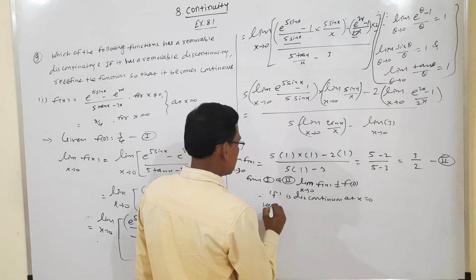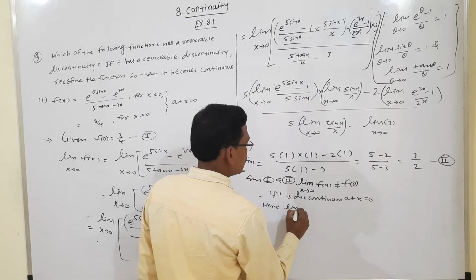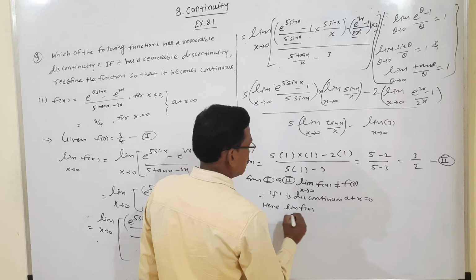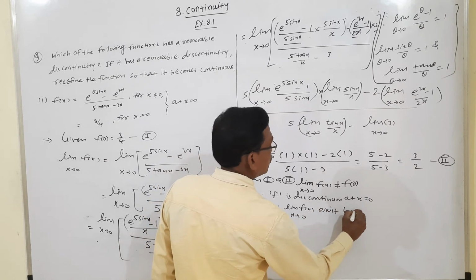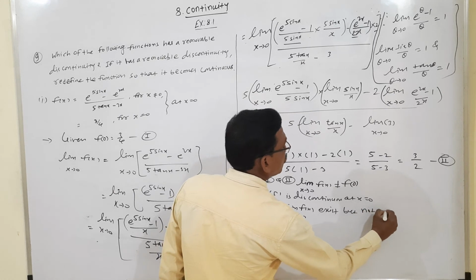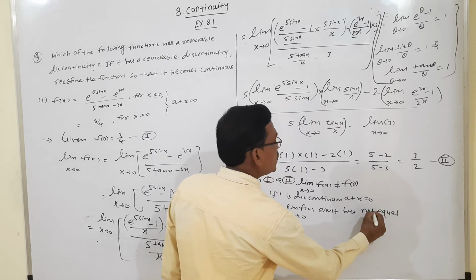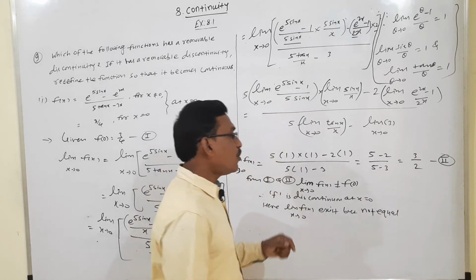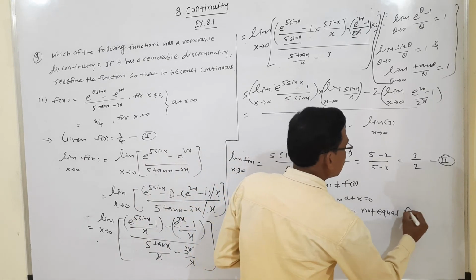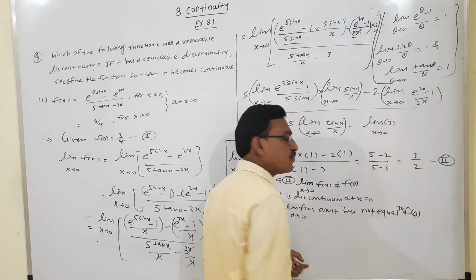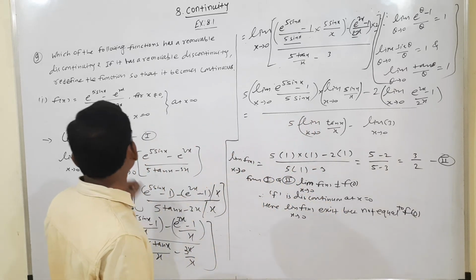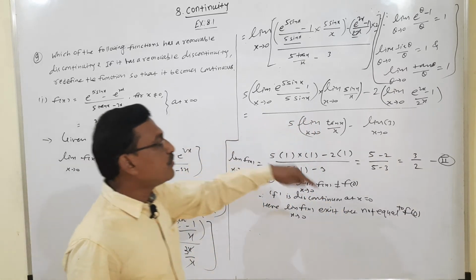Here the limit exists but is not equal to the function value at that point, meaning not equal to f of 0, because f of 0 is here 3 by 4 and the limit is 3 by 2.